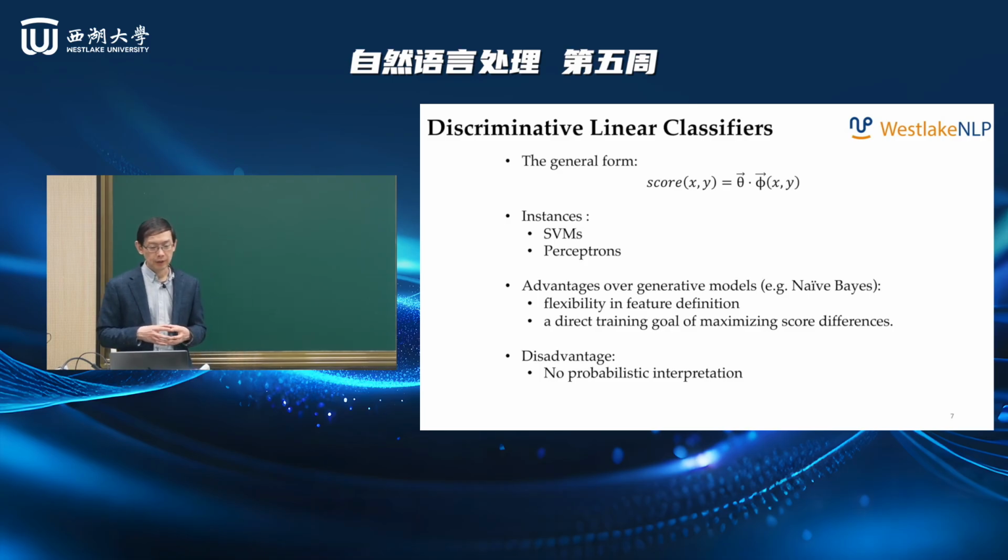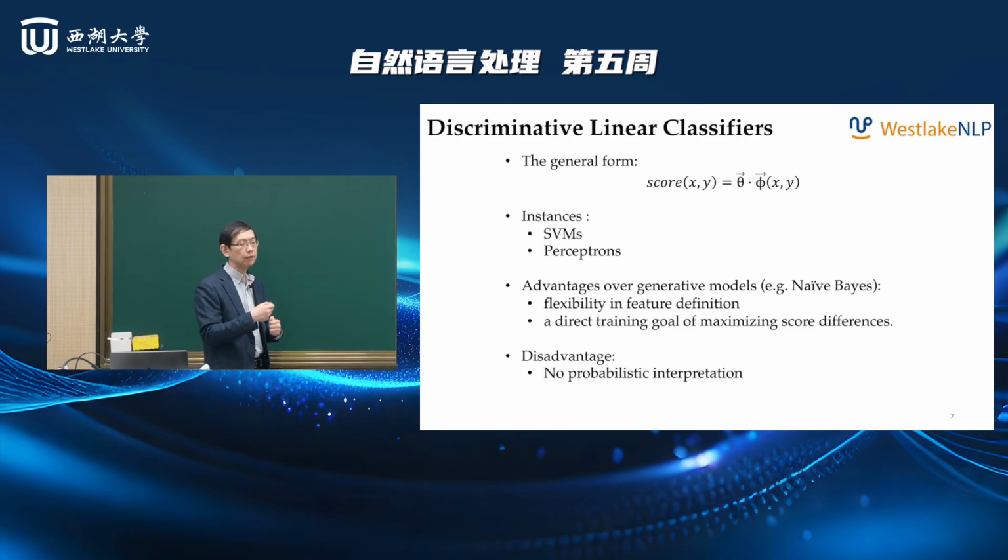But naive Bayes also has an advantage, which is that the output is a probability. For SVM and perceptron, the output is just a score. Maybe 10,000, maybe minus 100. But you don't know what they mean. You only have the relative score difference, meaning one is better than another.